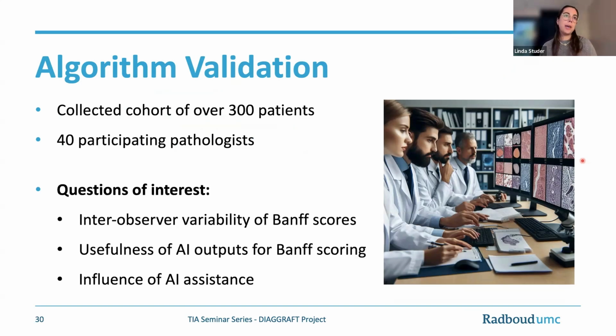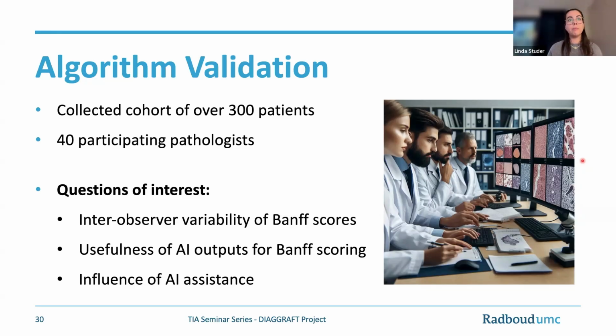The main questions of interest are the inter-observer variability of the individual Banff scores. It's quite established in the literature that some of these scores suffer from high inter-observer variability, so we would like to see if we also observe that, since we let them score the full set.